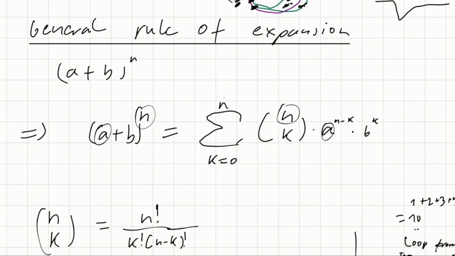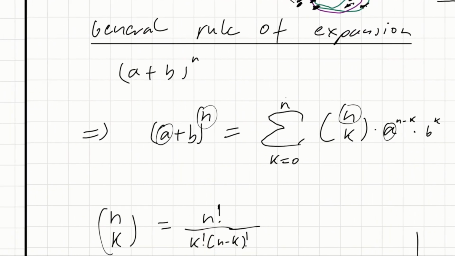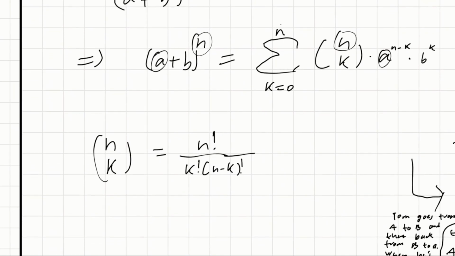What is n over k? This is the binomial coefficient. What this just means is we are going to look at the combination logic: how many ways are there to combine n elements, so we have n elements, and how many ways are there to combine with k?